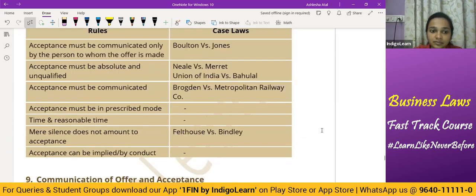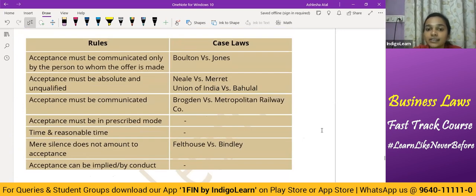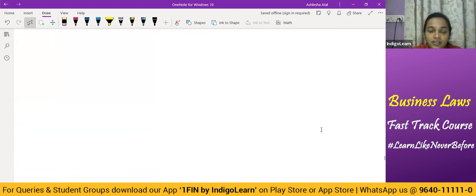So these were certain rules regarding acceptance. What are the different rules which shall be complied with for an acceptance to be a valid acceptance? Are you all clear with all the rules regarding valid acceptance?